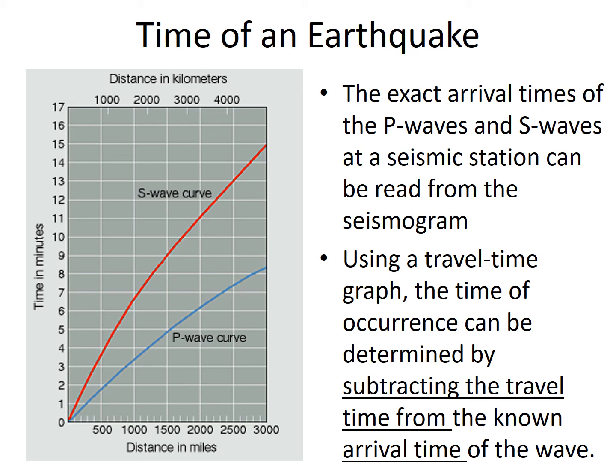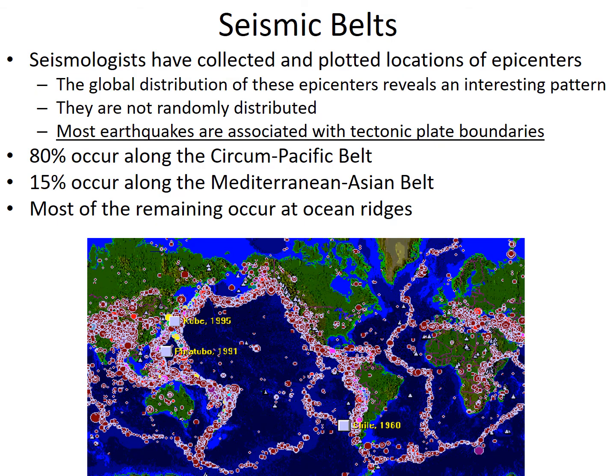So if we know the arrival time of the P wave and the arrival time of the S wave, we can look at this graph and say, oh, the P waves arrived 5 minutes after, and we can look at these curves and determine the distance in kilometers or miles from the epicenter.